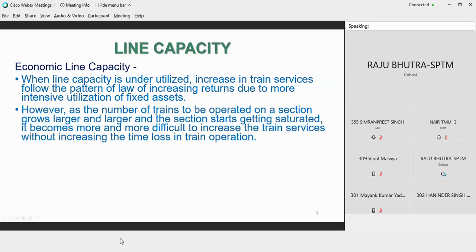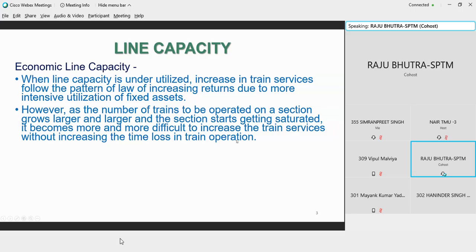However, as the number of trains to be operated on a section grows larger and larger, and the section starts getting saturated, it becomes more and more difficult to increase the train services without increasing the time loss in train operation.